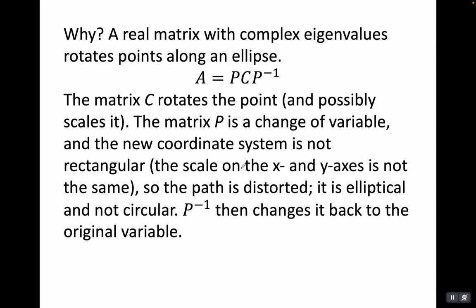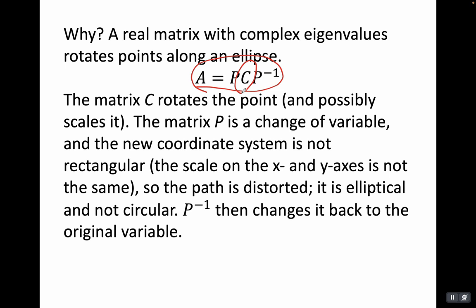Why does this happen? Why does it rotate along an ellipse? A real matrix with complex eigenvalues rotates points along an ellipse. Here's why. We saw a moment ago that if you have a real matrix with complex eigenvalues, you can write it as A equals P C P inverse. The matrix C rotates the point and possibly scales it.